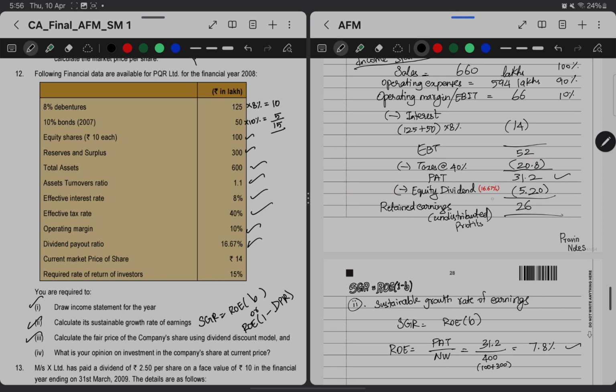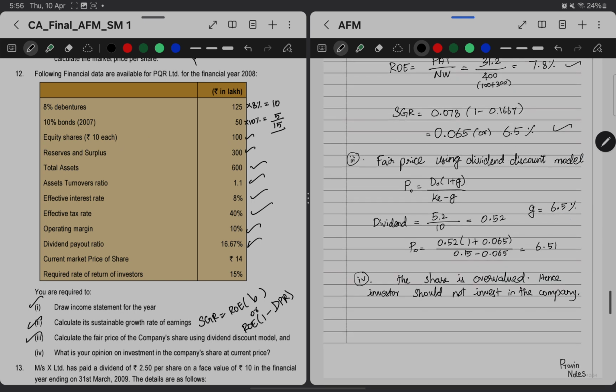So the equity dividend is 5.2, which is for entire equity shareholders, and we have to divide it by the number of shares. Here in our case 100 lakhs divided by 10 each will give us 10 lakhs shares. So 5 lakh 20,000 divided by 10 lakhs will get 0.52. Then 0.52 multiplied by the growth rate divided by KE minus G. So it will give us the fair price of the company share, which is 6.51.